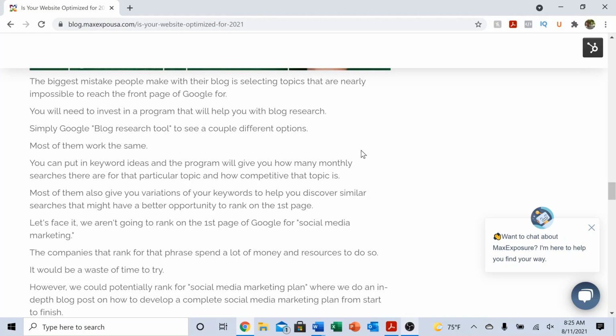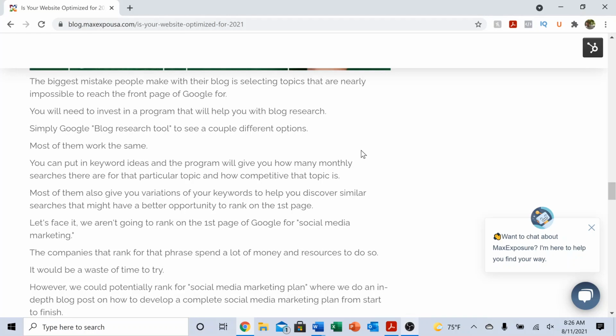If you're in the health industry, maybe you're a nutritionist, you're not going to necessarily rank for what's a nutritionist, right? If someone Googles what's a nutritionist, but you could rank for the health benefits of a red bell pepper. So things like that are specific, you have a better chance of ranking for.